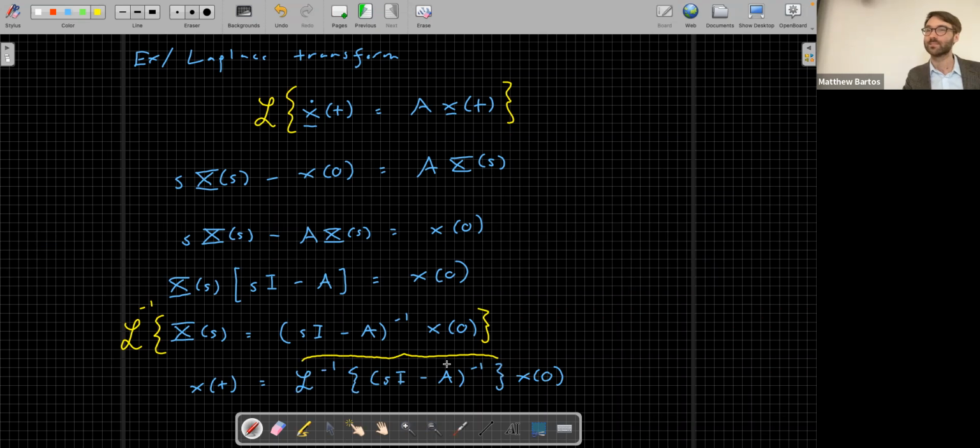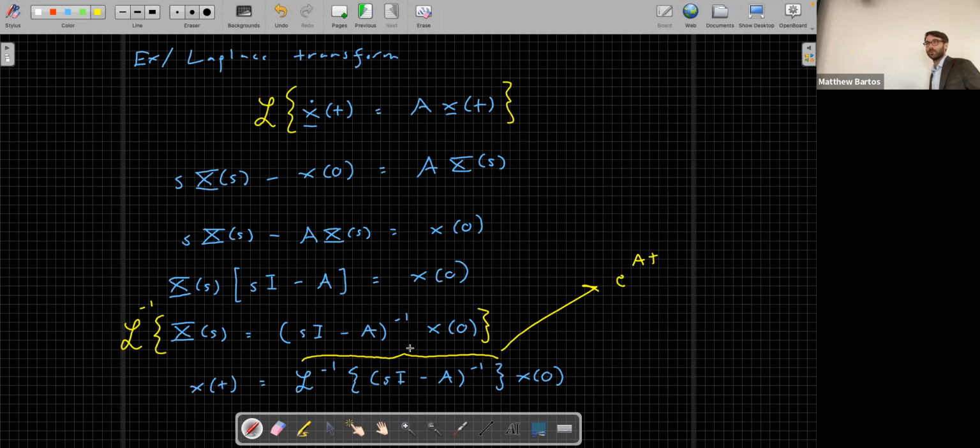We have that x at time t is equal to something times x naught. Well, the transfer function would be in the frequency domain, right? What was the homogeneous solution again to an LTI system? Right, this is the matrix exponential.